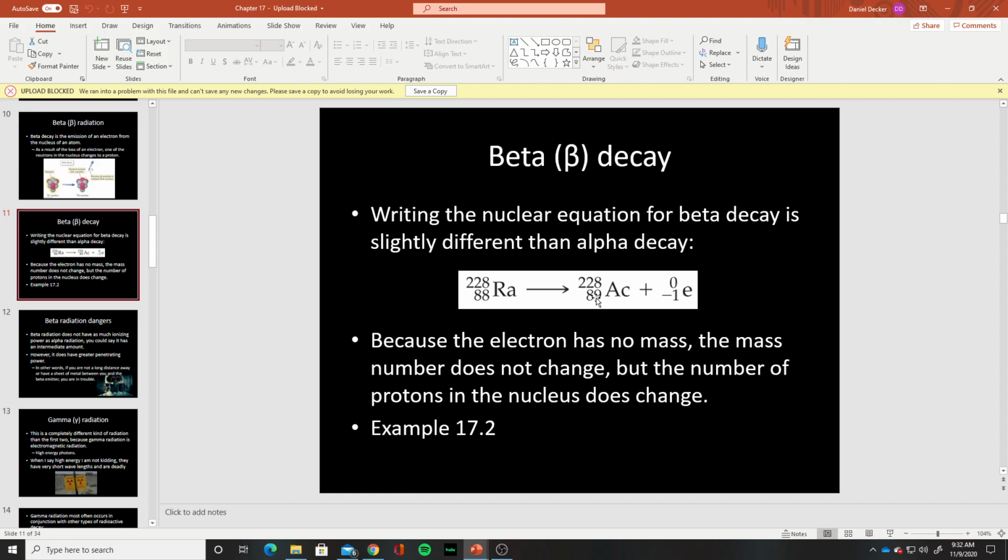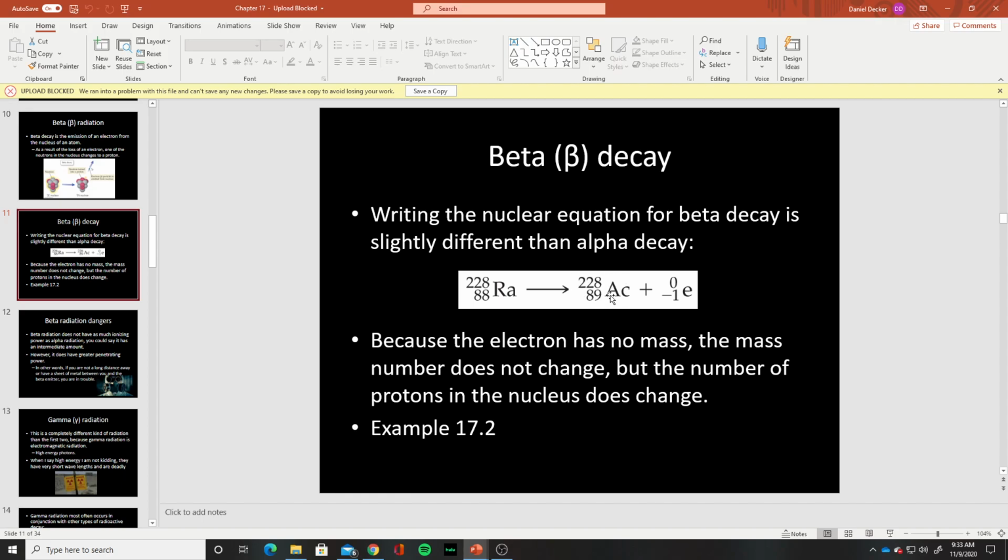Instead, what I would have you do is I would give you part of an equation. So maybe, for example, this one here, I would show you the radon, and I would show you the beta particle, and I would block this portion out, and then I would have a spot where you would fill in the mass number, the atomic number, and then the symbol that would fill in here.